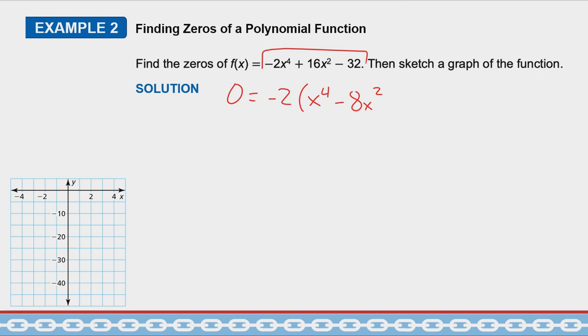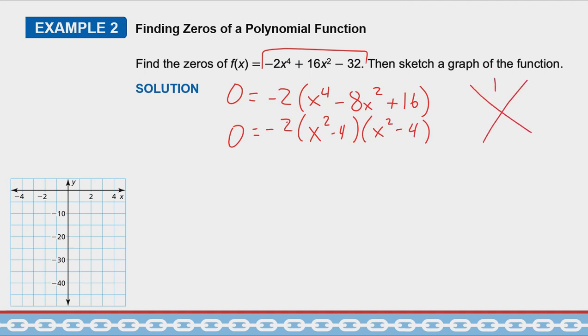And then negative 32 divided by negative 2 would be plus 16. Still working on factoring. I see that I can break this down into negative 2 times x squared minus 4 times x squared minus 4. What multiplies to 16 but adds to negative 8? It was the negative 4 and negative 4.